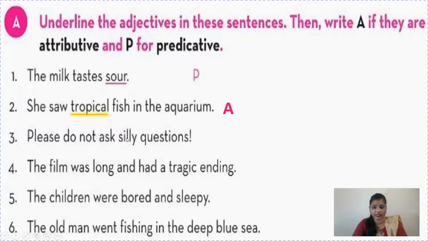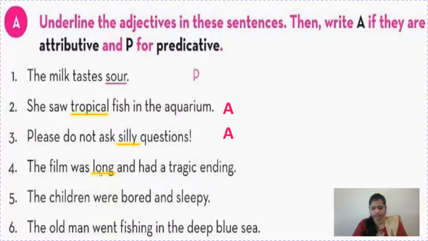Question is a noun and silly is describing it and it is placed before the noun, so again it is an attributive adjective. The film was long and had a tragic ending. See children, the film was long. Film is a noun and long is an adjective and it is placed after the noun.